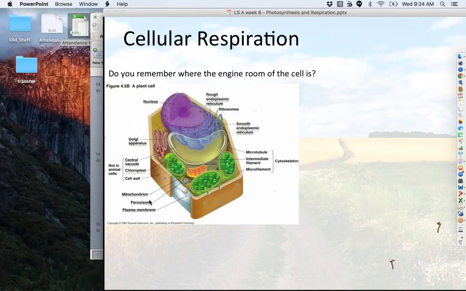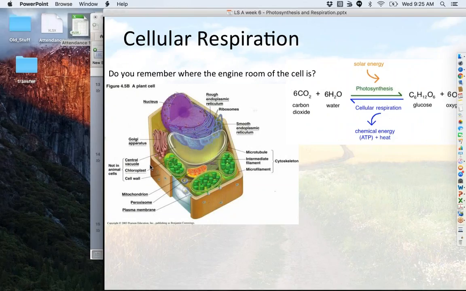Nice. Mitochondrion, or the mitochondria, is how you say it when it's plural. So mitochondria are the engine room of the cell, and what they do is they basically do photosynthesis in reverse.